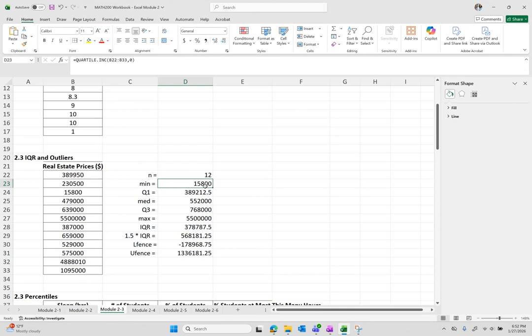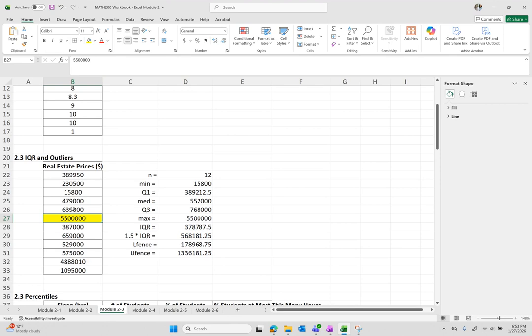So the minimum is not smaller than that, so nothing there for outliers. My upper fence is 1,336,181 and my maximum is 5,500,000. So actually the maximum is an outlier, and anything above 1,336,000 is also an outlier.